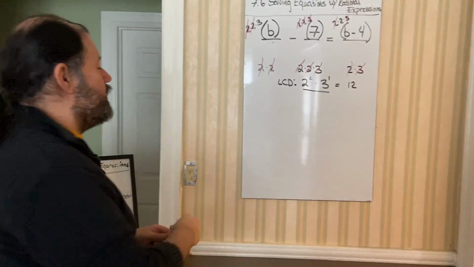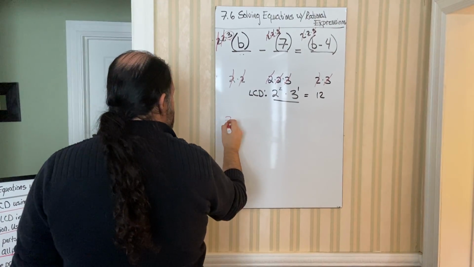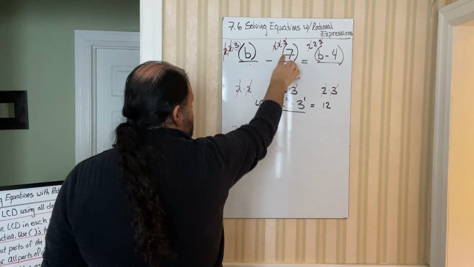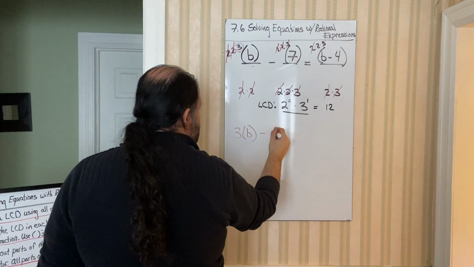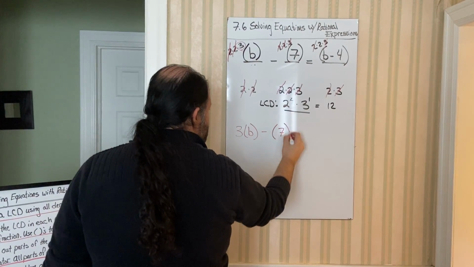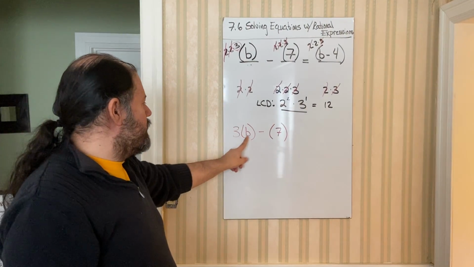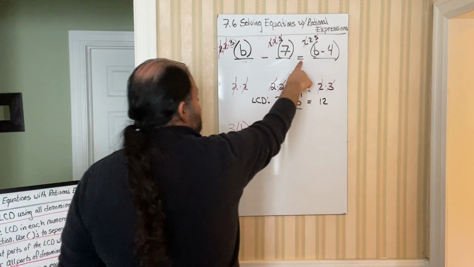So what's left off here is this 3 and a b. What's left off here? Just the negative and the 7. Notice I do like to keep those parentheses because I need to see that this really means multiplication, especially when I come to this guy.